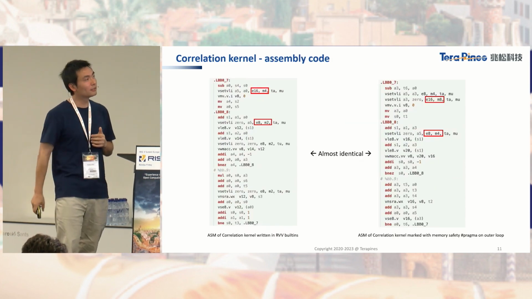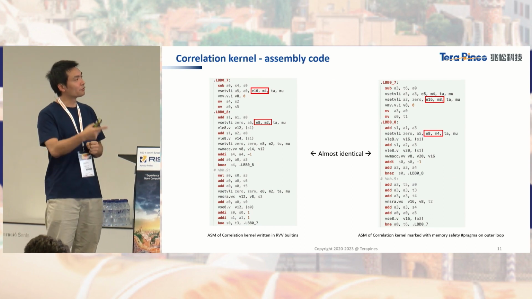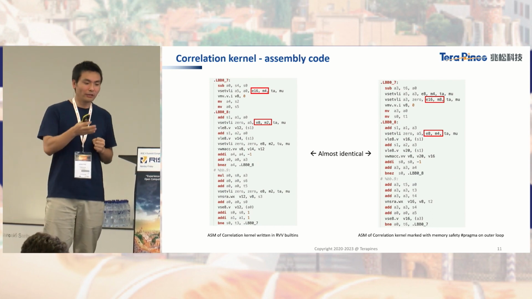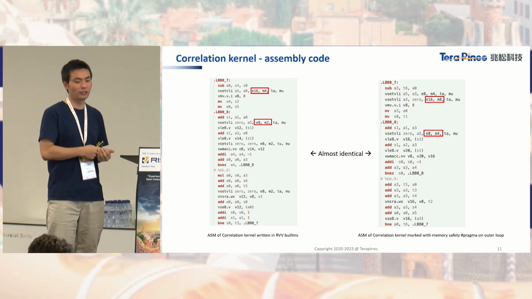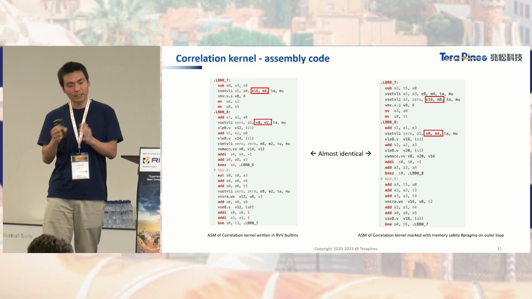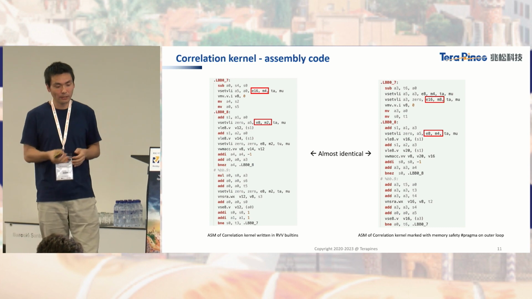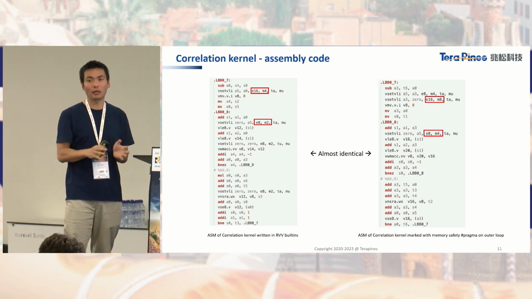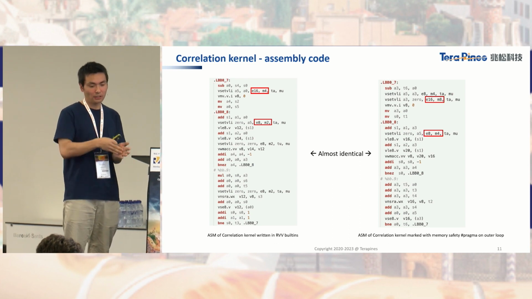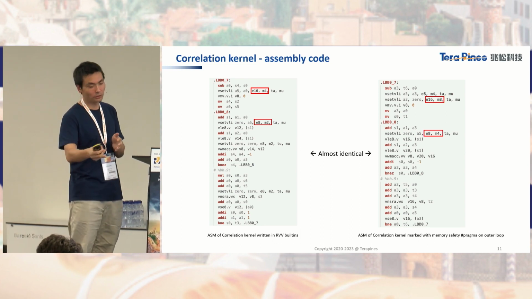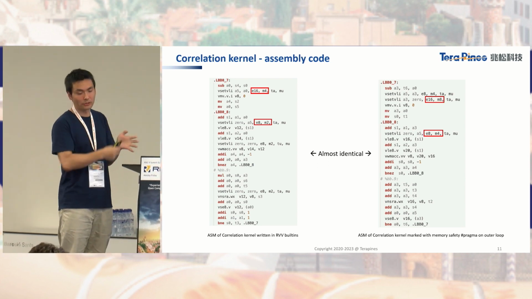So here it is. The assembly code on the left side is the built-in version of the AI kernel. The assembly on the right side is generated by our compiler, ZCC. You can see the code is mostly identical. We can generate unit-stride memory nodes, the same as the hand-optimized version.